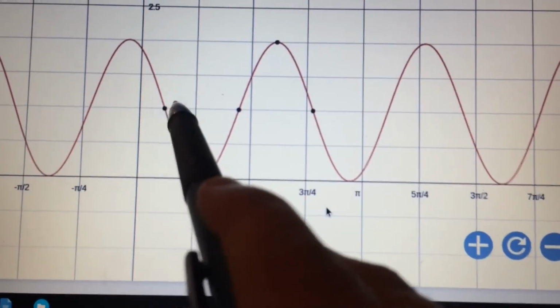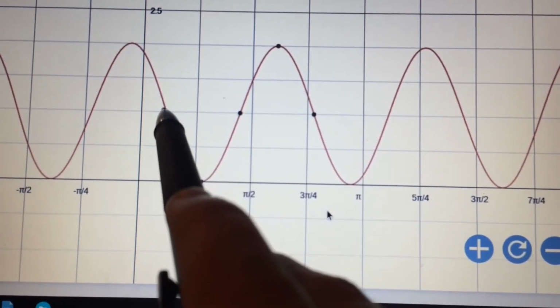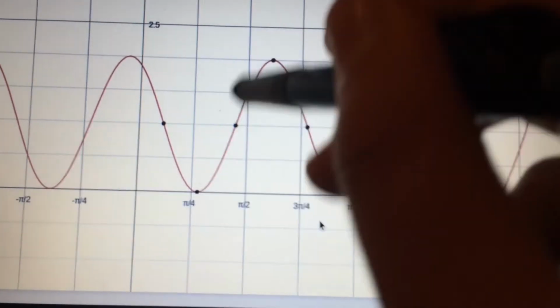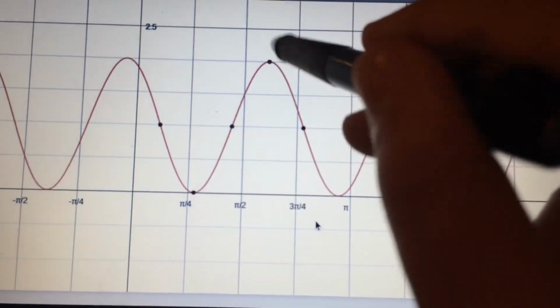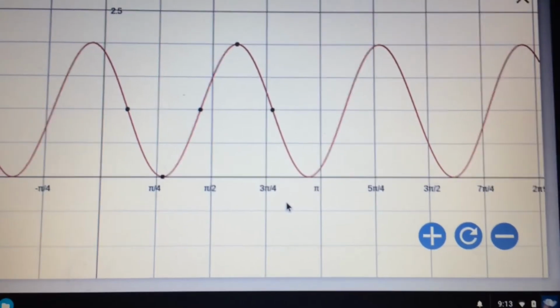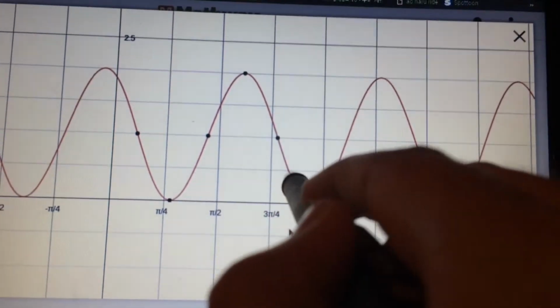First, you'll put the first point here at pi over 9 as the middle, and then later on, since you have to have sections, pi over 9 is this section, this section, this section, this section, as a cycle. So this is a whole cycle right here.